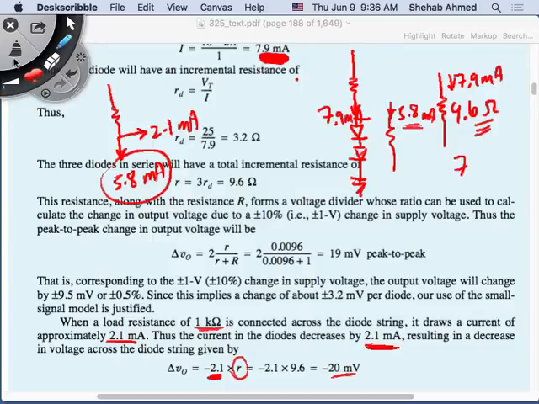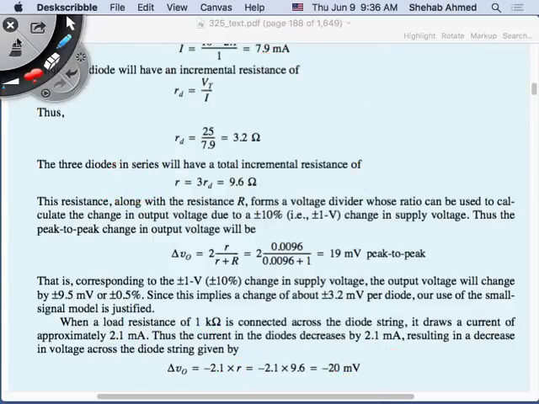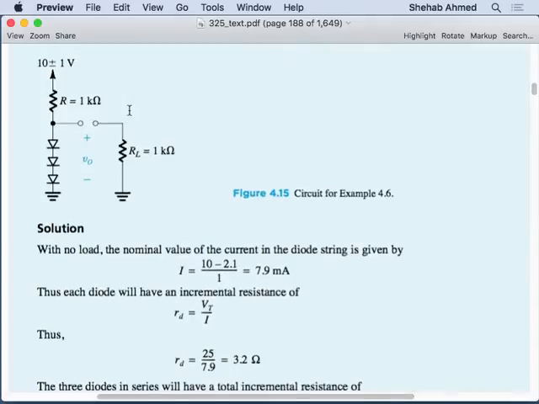How many diodes did I have? 3. So if on all 3 diodes the voltage will change by 20 millivolts, that means that for each diode, the voltage will change by about 6.8 millivolts, right? Which is more than 5 millivolts. So our small signal analysis will not be valid in this case.